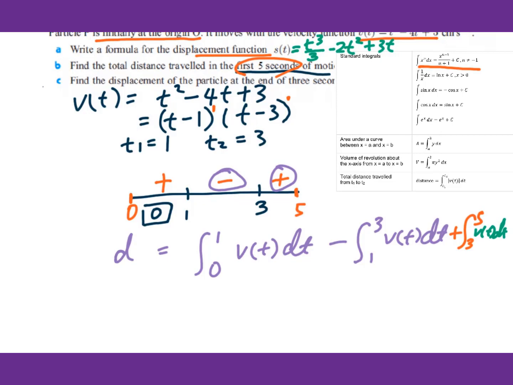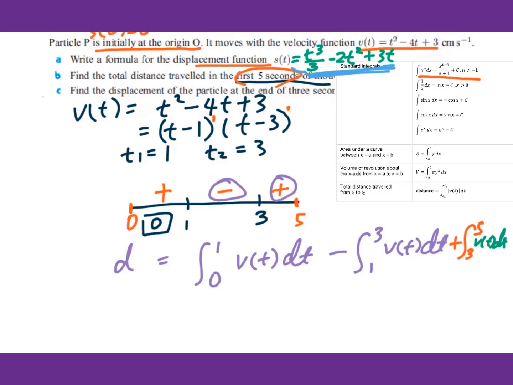Since we already got the integral of velocity, that is this. So we get t to the third power over 3 minus 2t squared plus 3t. This will be from 0 to 1.